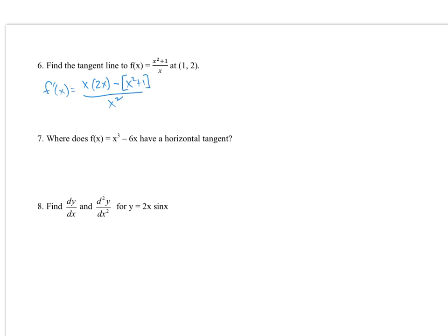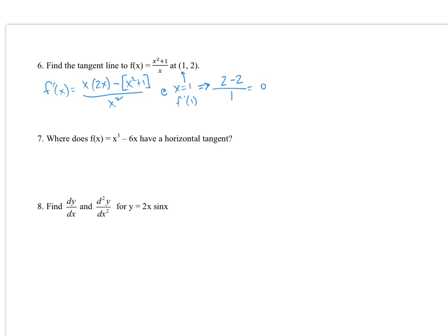Since I need this to happen at x equals 1, I want f prime of 1. We'll figure this out by plugging 1 into our derivative. I'm going to get 2 minus 2 over 1, which comes out to be 0.